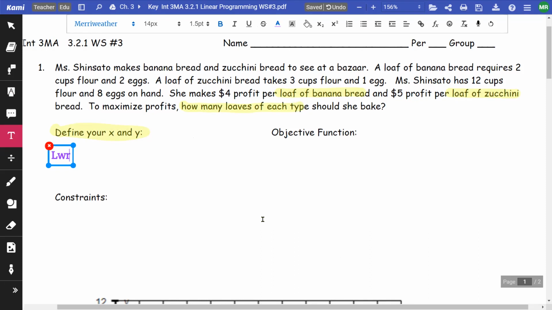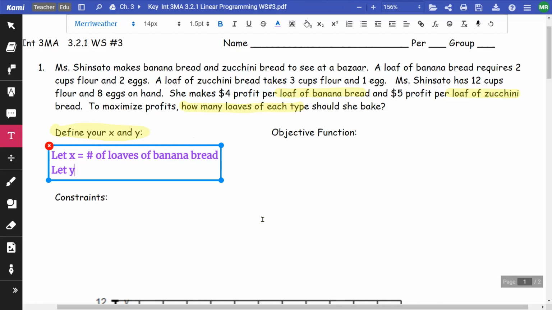Let X equal number of loaves of banana bread, and let Y equal number of loaves of zucchini bread.